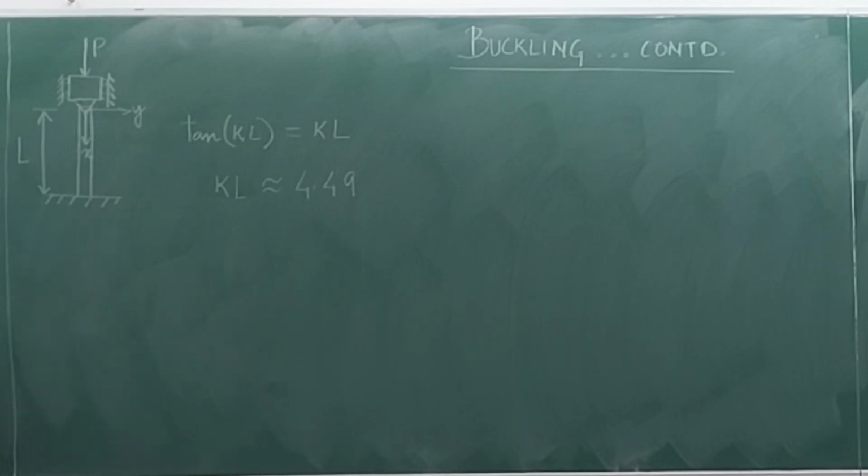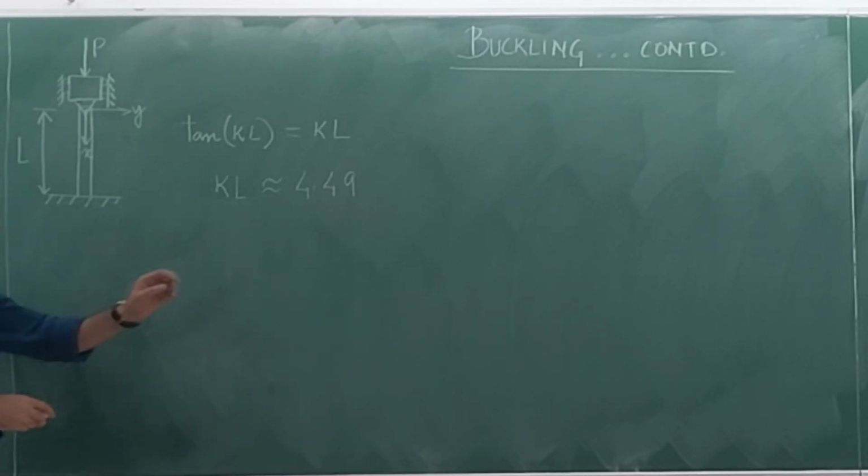Now, earlier, if you remember, for the pinned case, we had obtained sine KL equal to 0 and KL had turned out to be equal to n pi. Okay, so we are in a similar situation now.